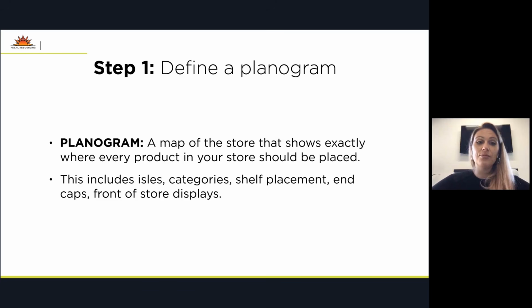And usually they have to plan things out by aisle, which obviously within a certain category buyer, like for example dried goods, there are multiple products within there, and so they have to plan which aisle will be dedicated to which products. There's also shelf placement, which is how tall the shelves are, how deep they might be, end caps, which are there at the very end of the aisles, as well as checkout counters, front of store displays.